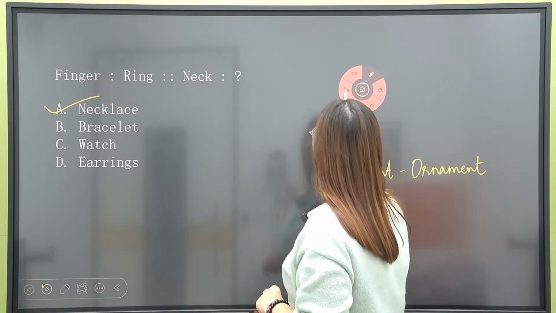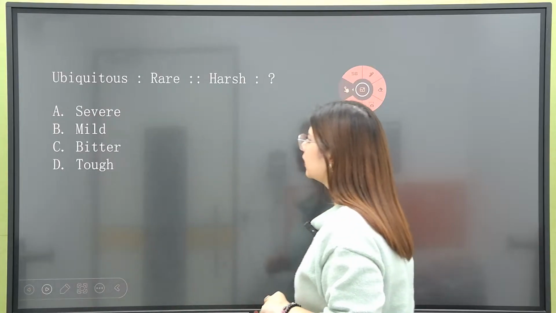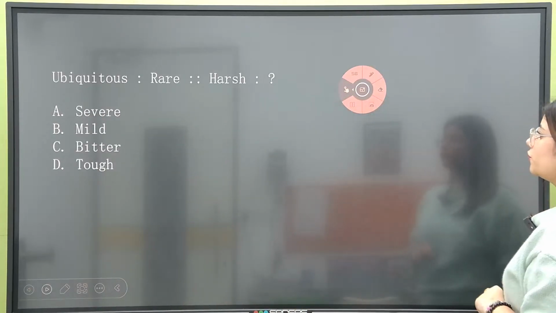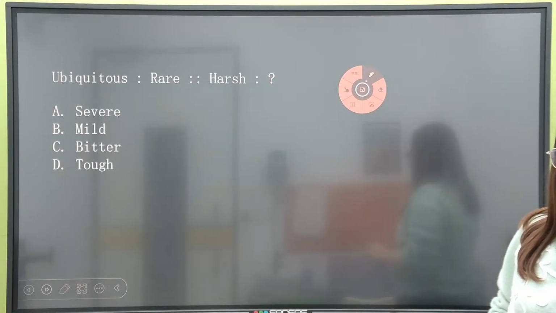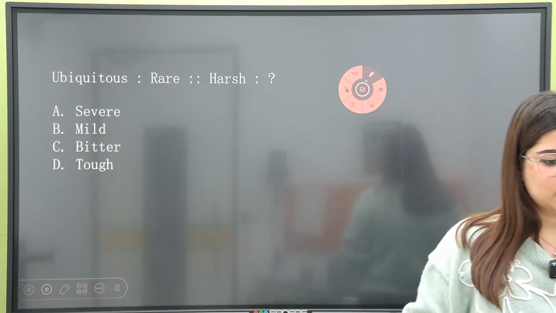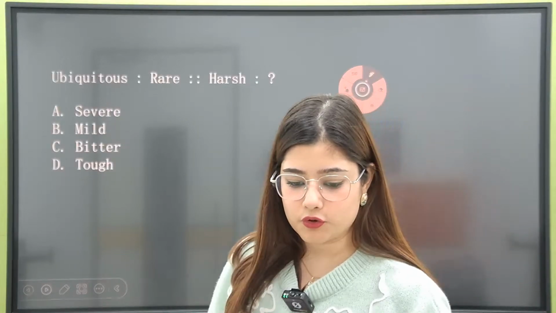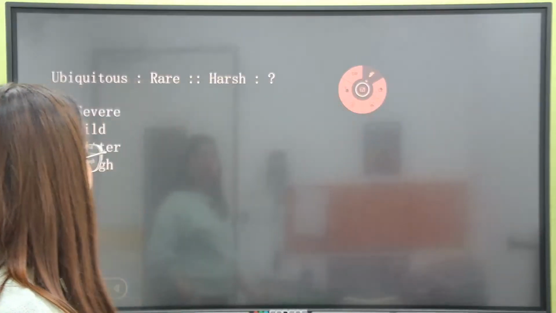Next, ubiquitous is to rare, such as harsh is to. Again, we need to first establish the relationship.